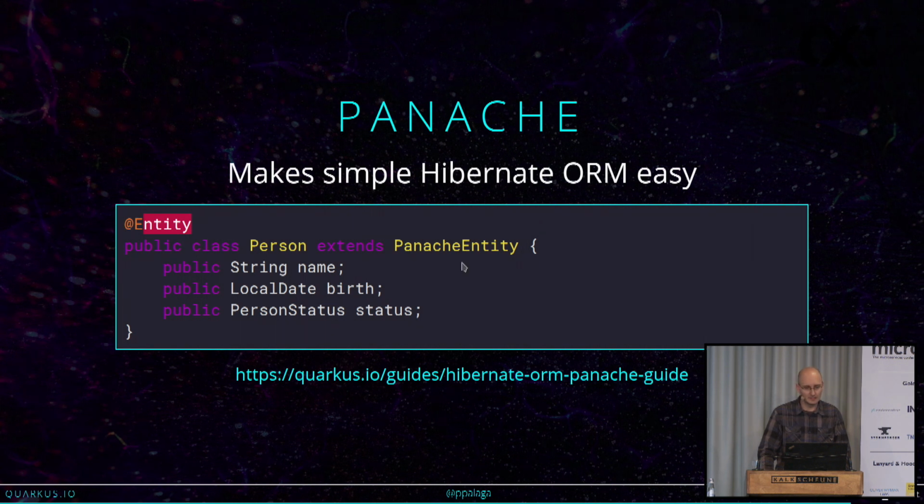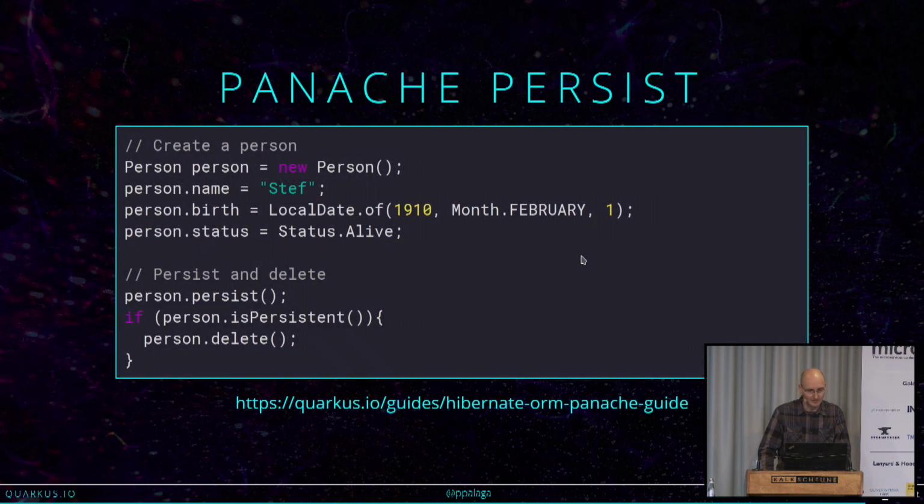And if you extend the Panache entity, you just have to add the Panache entity annotation there, and Panache does all stuff there for you that it thinks you might want. For example, you can call persist directly on an entity. You can check if the entity is persisted directly on entity, and you don't need to inject the entity manager.